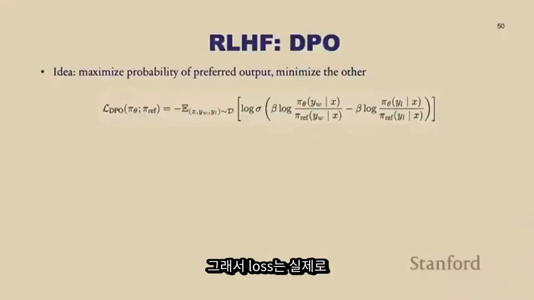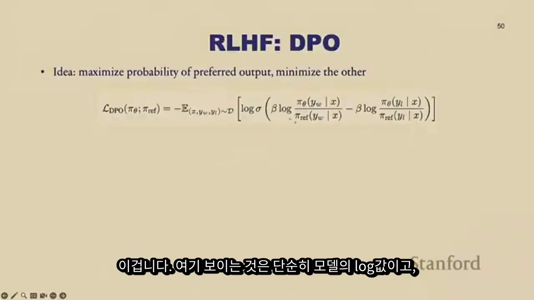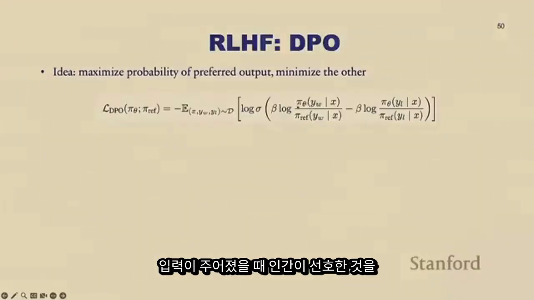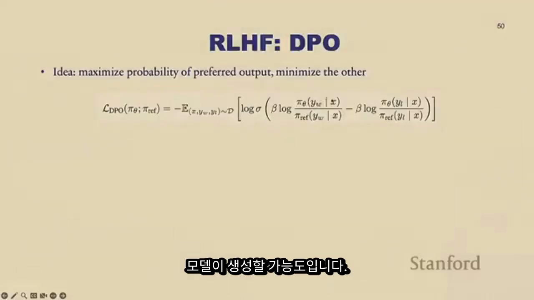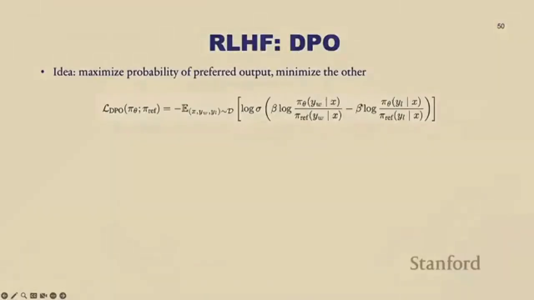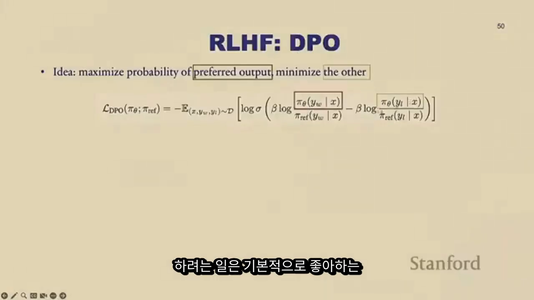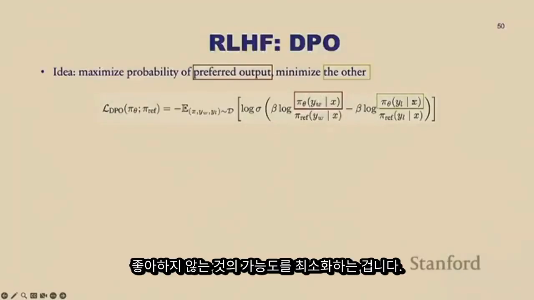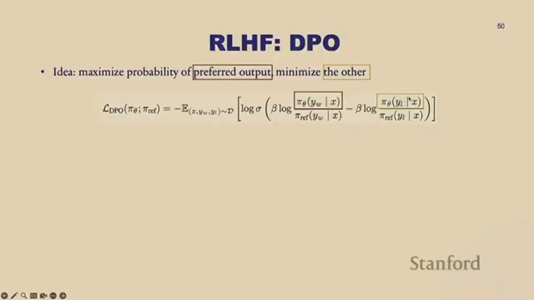So the loss is actually this one, where this is simply some log of the model. So this is the likelihood of the model generating the things that the human preferred given the inputs. And what you try to do is basically maximize the likelihood of generating the things that you like, minimize the likelihood of the things that you don't like.